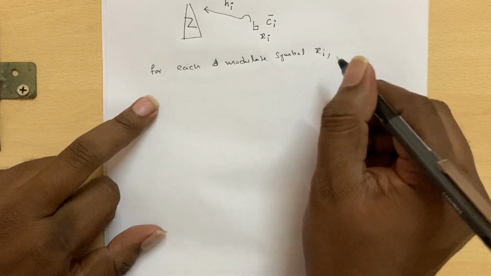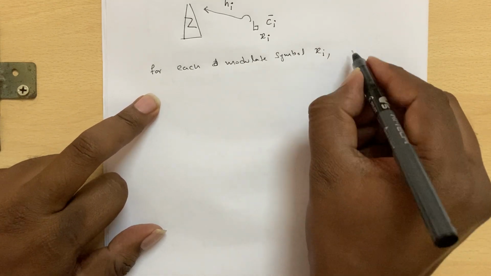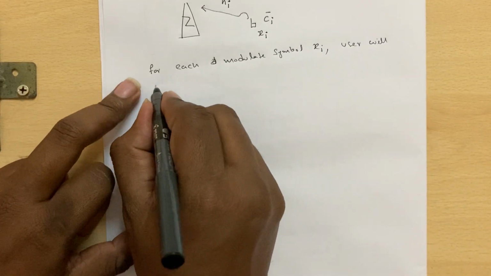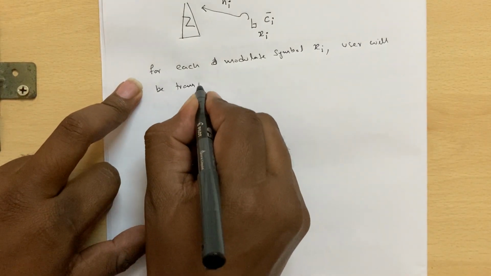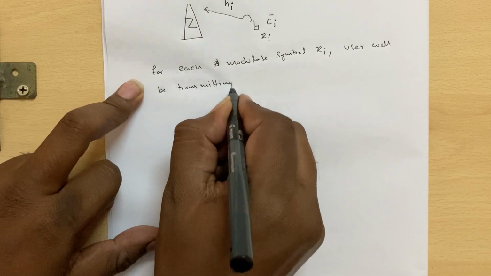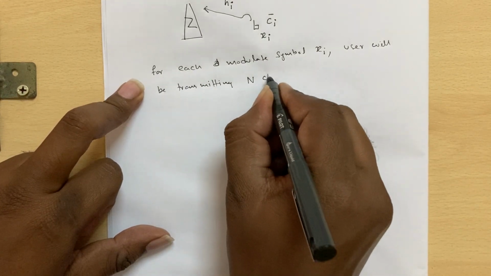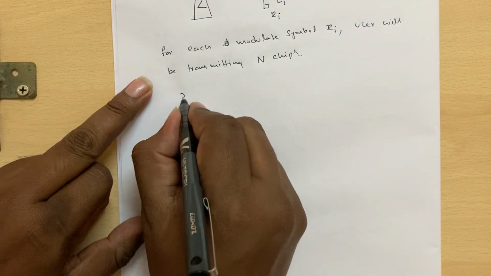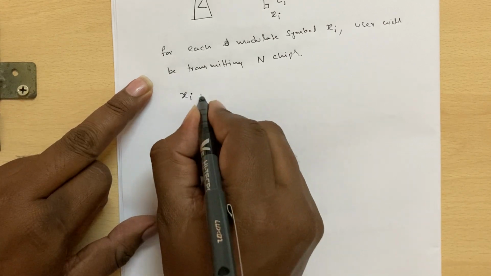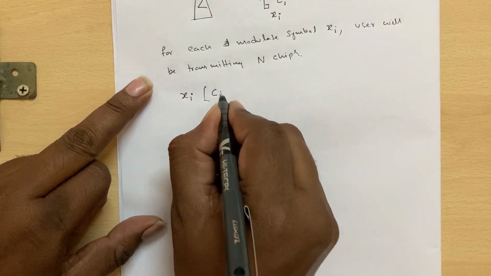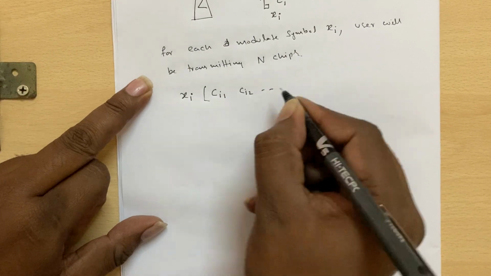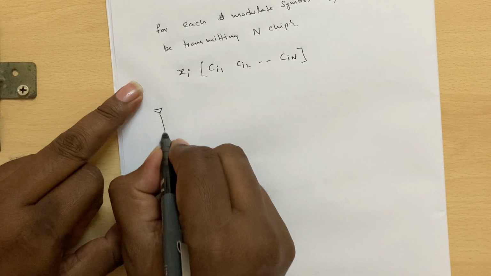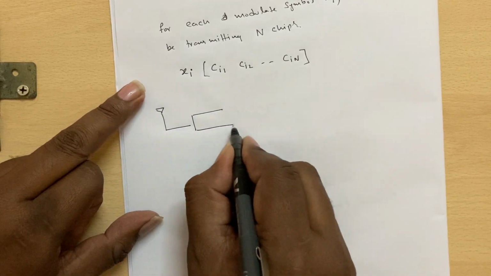For each modulated symbol Xi, the user will be transmitting n number of chips. What are those? That is nothing but the symbol multiplied with the code, that is Ci1, Ci2, like this up to CiN, and at the receiver there will be an antenna and a superheterodyne receiver.